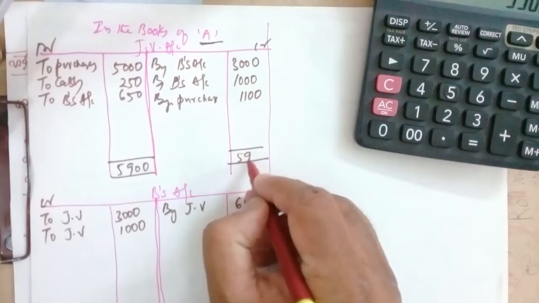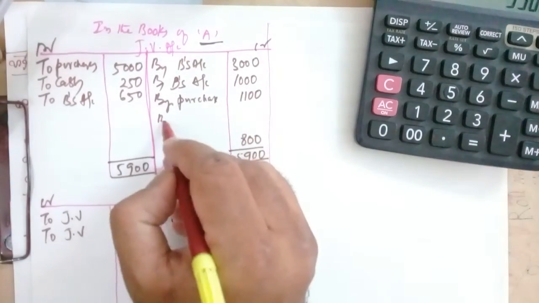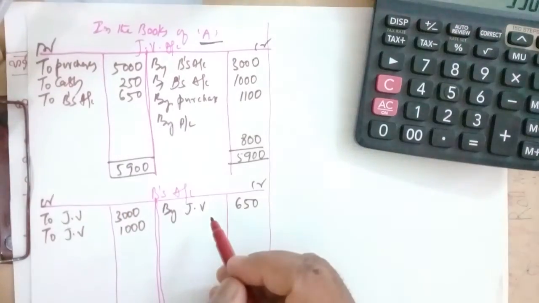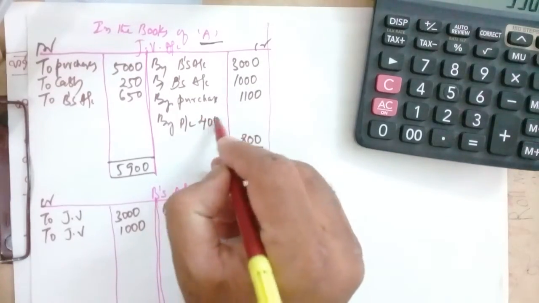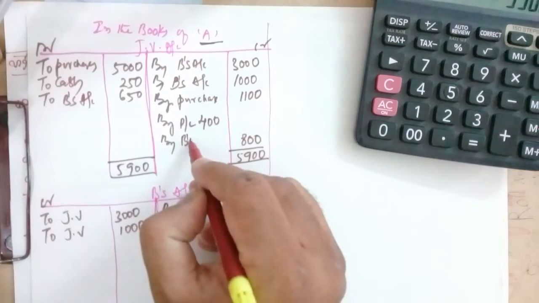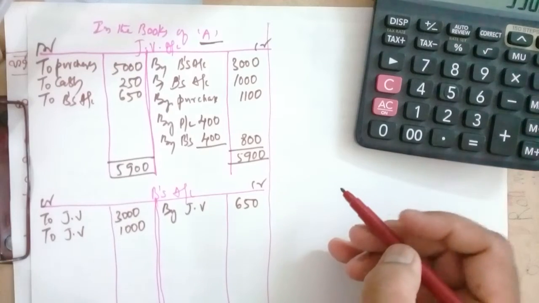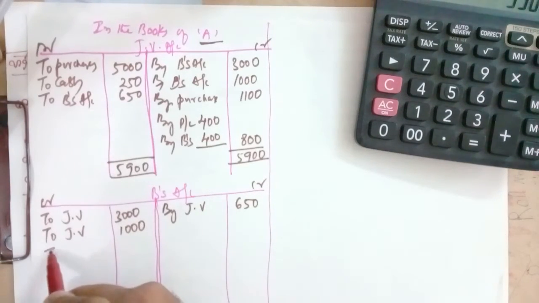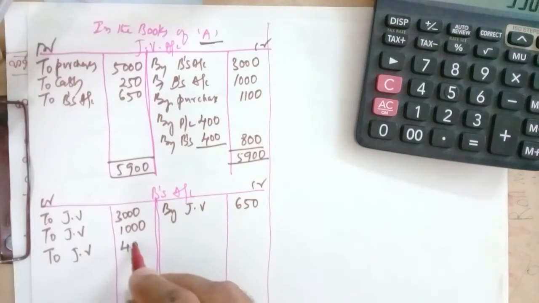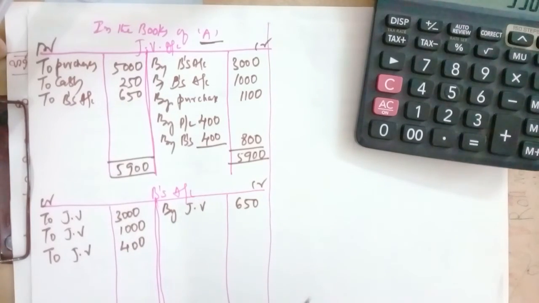So we write 5,900 on both sides and the balancing figure we are getting is 800. So by P&L account, whose P&L account? That is A's P&L account, the loss. How much? 400, as these people are sharing equally. By B's account, 400. Collectively it is 800. Now in B's account, what do we write? To joint venture, the loss 400. Am I right? Clear? So like this we record the transaction.